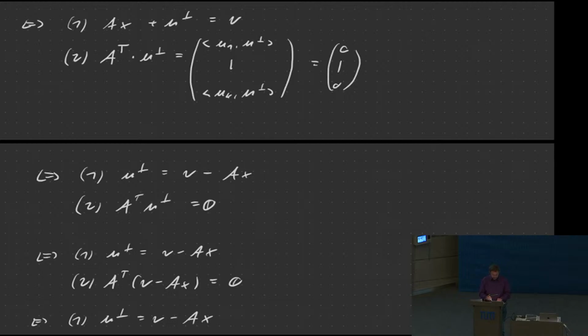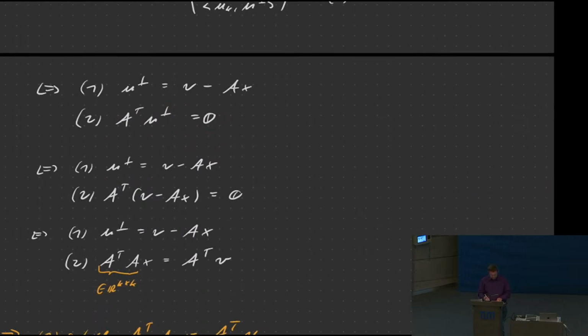Okay, so in short, we can just solve this one here for U ortho, like this. U ortho is then V minus AX. And this is just the second condition, A transposed U ortho equals the all zeros vector. And now we take this and substitute it in here. And what we get is this here.